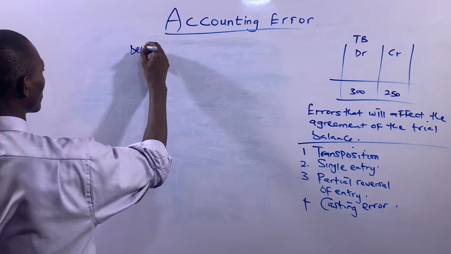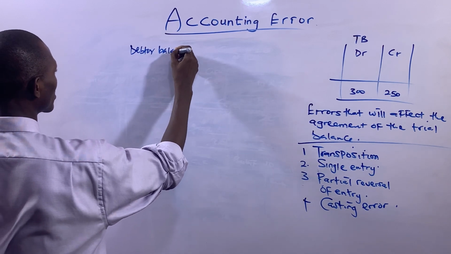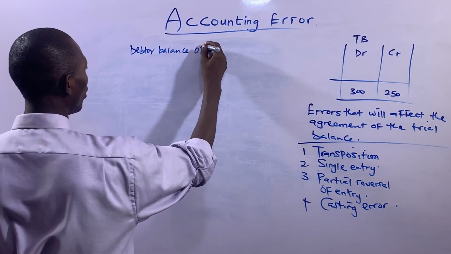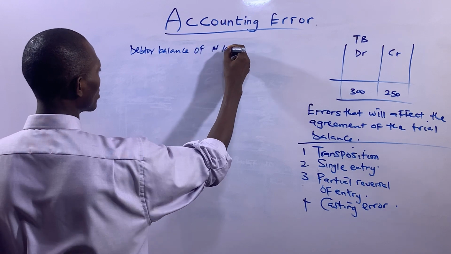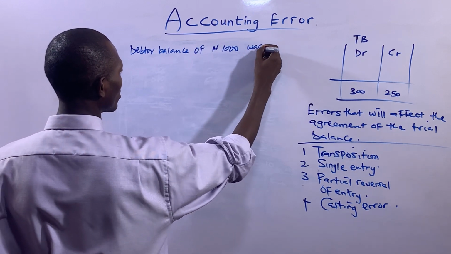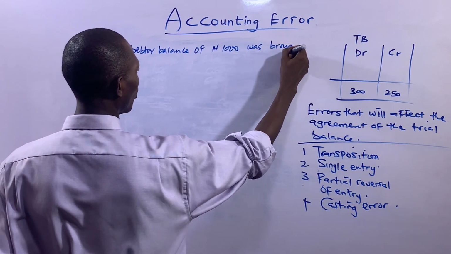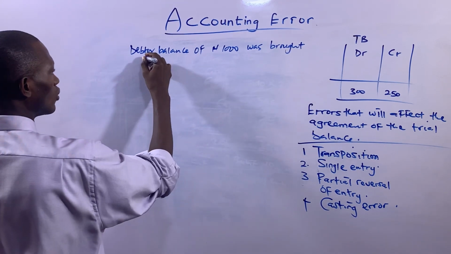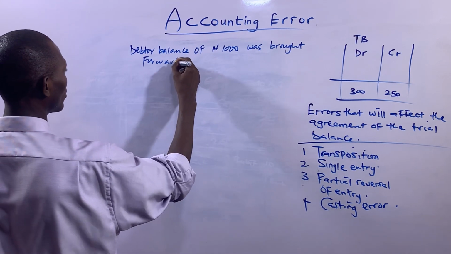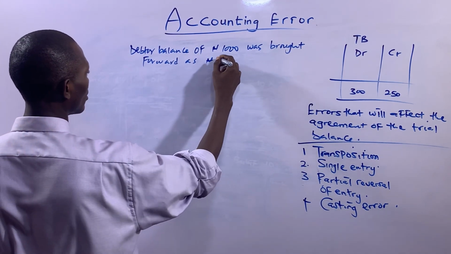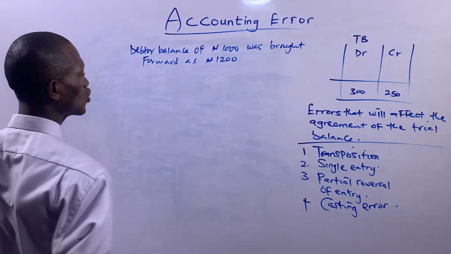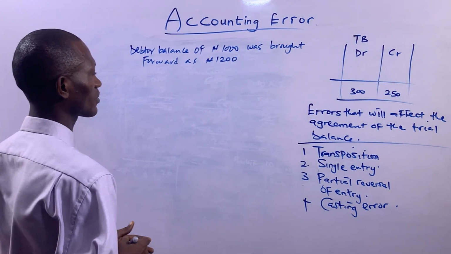Let's say, for example, a debtor balance of 1,000 naira was brought forward as 1,200 naira. Look at this.